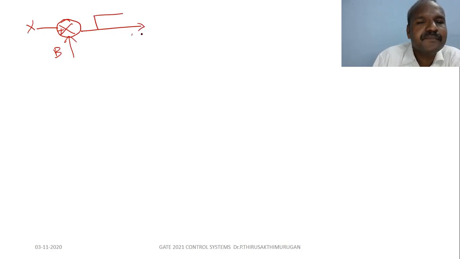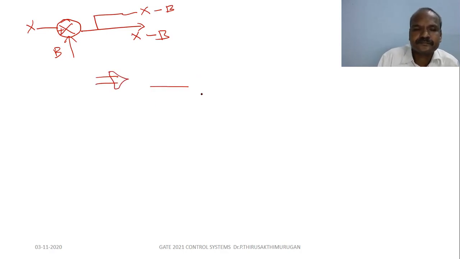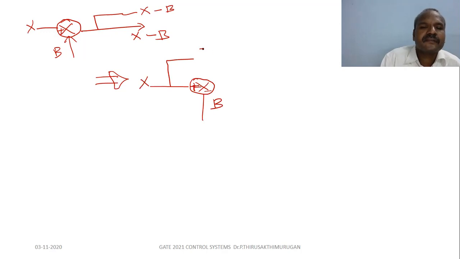So X minus B. This is another equivalent, X minus B. We can also represent this as plus minus B X. Wherever possible, we can modify.